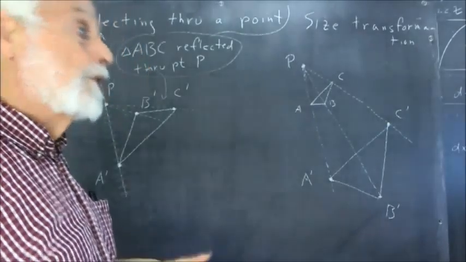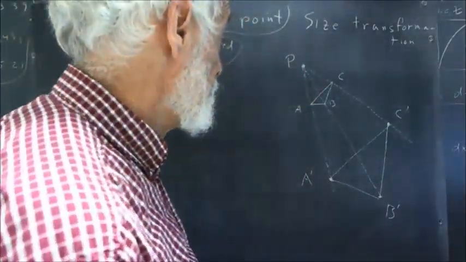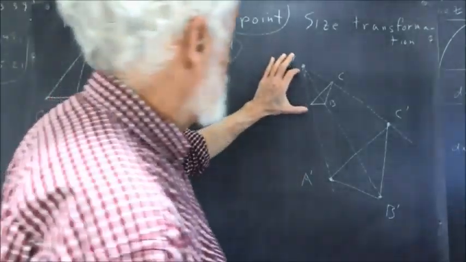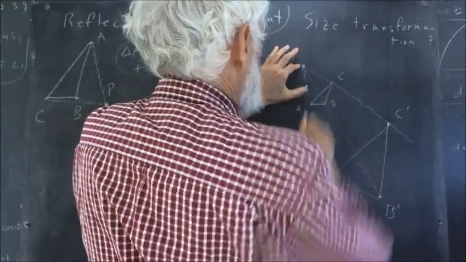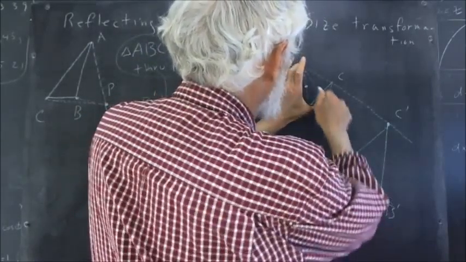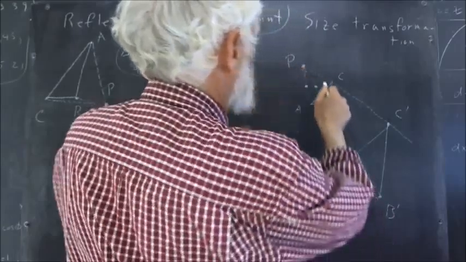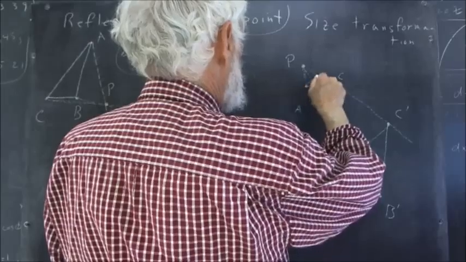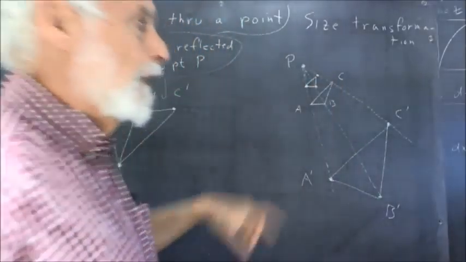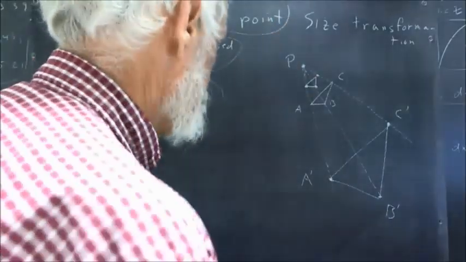We could also do a smaller version. That triangle's pretty small to start with, but we can do a smaller version. We just take this distance and cut it in half. Take this distance and cut it in half. Take this distance and cut it in half, and connect the points. And I didn't do a real good job of that, but estimating the half from this angle is a little difficult.